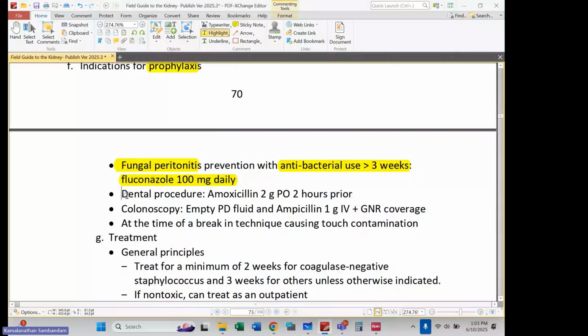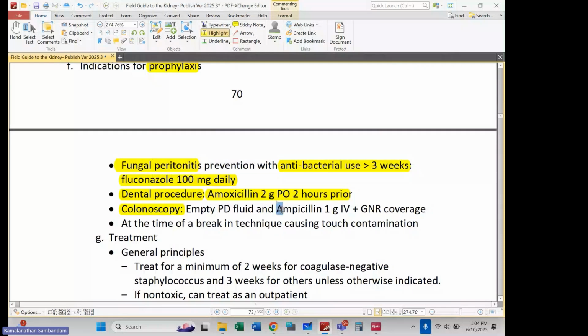Okay. The data for using prophylaxis for dental procedures and colonoscopy, similar to, for instance, endocarditis prophylaxis, is very weak, but I would say is still done in many cases in preparation for a dental procedure.